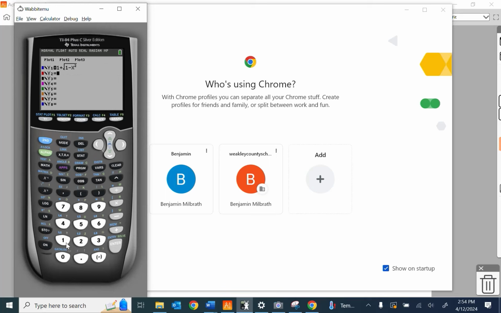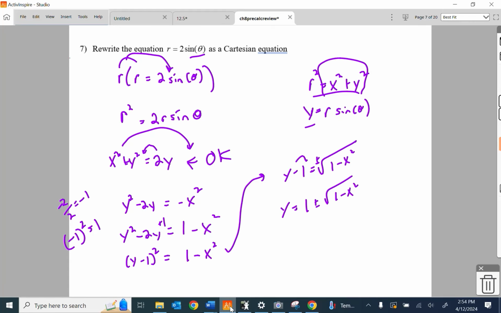And then I had the minus 1 minus square root of 1 minus x to the second. Zoom 6. Now your TI-84 will have gaps, but it's the same thing. So those are equivalent graphs. So no concerns there.